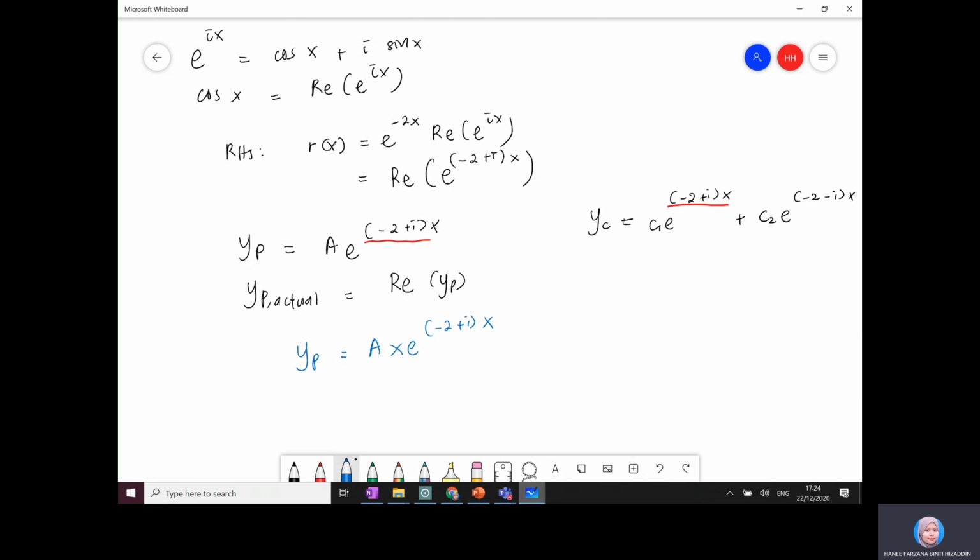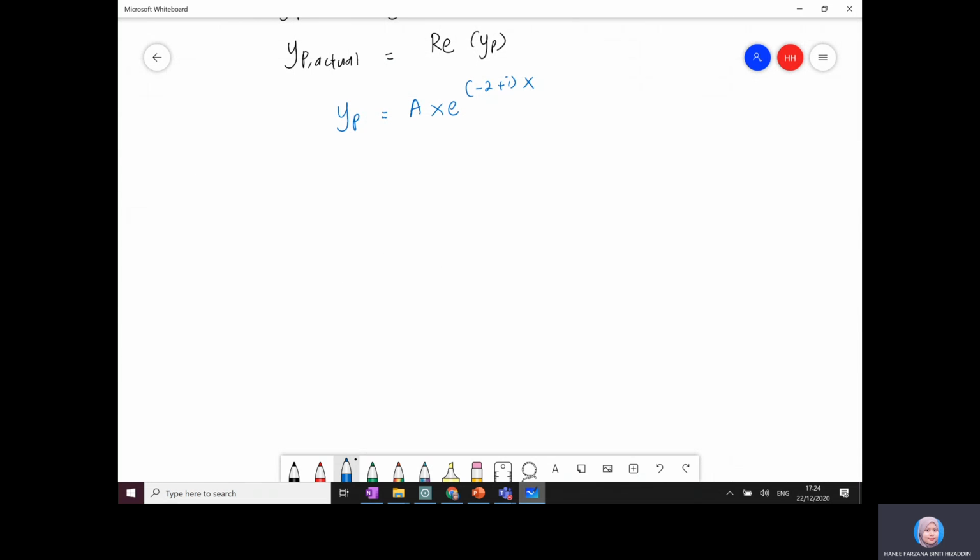Okay, so next we determine the coefficient for yp. So we need to do the differentiation. We want to find dy dx using the yp. So you differentiate this, and you're going to have to do the product rule. Plus, differentiate x, so just 1, so bring everything.